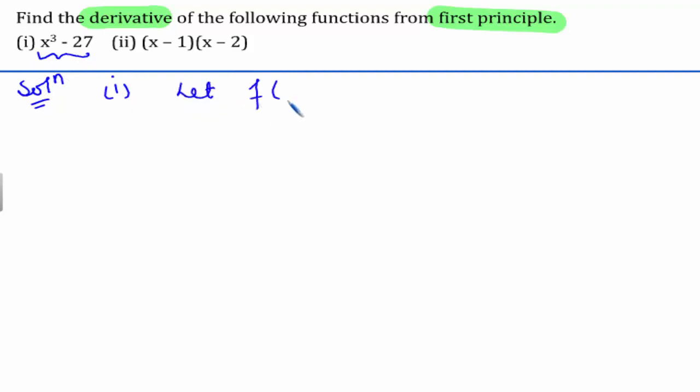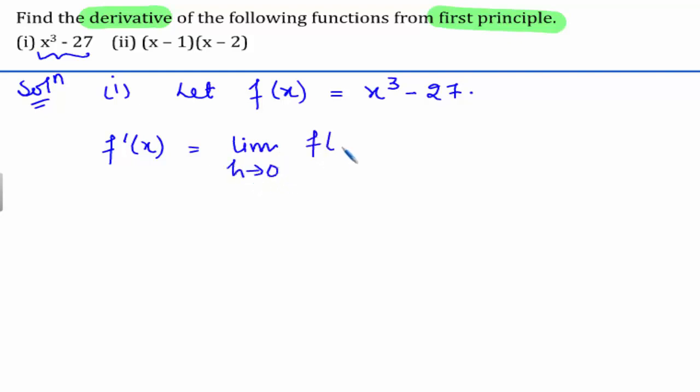So f(x) is equal to x cube minus 27. We have to find f dash x. Now from the first principle we know that it is given by limit as h tends to 0 of f of x plus h minus f(x) divided by h.